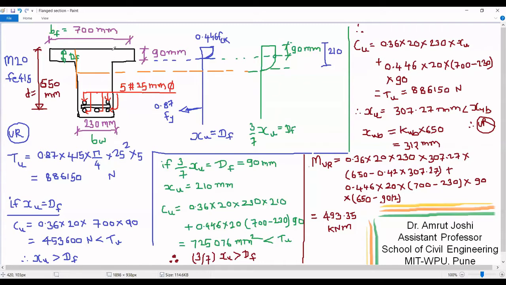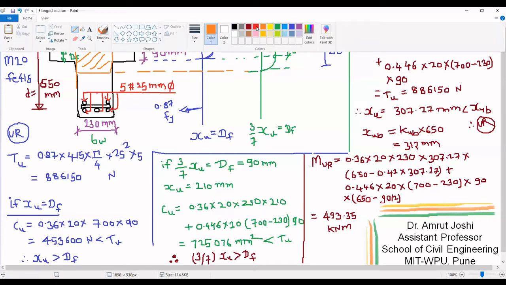So zone number 1 is a rectangle with size BW, that is 230, by XU, that is 210. Corresponding to this shaded rectangular portion on the compression side, the value of Cu is going to be equal to 0.36 into FCK, that is 20, multiplied by B, that is 230, multiplied by XU, that is 210.